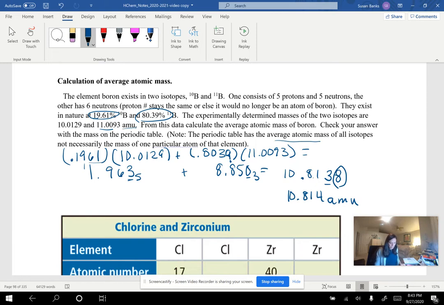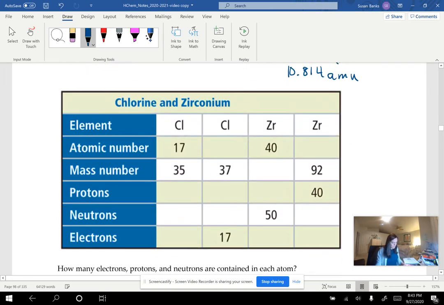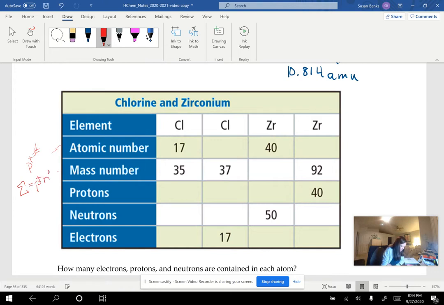Okay, now let's go and talk about how we calculate protons, electrons, neutrons, all those things. So if I look at chlorine, my atomic number is 17. Now remember, the atomic number is also the number of protons. Remember, the mass number is the sum, we use the symbol epsilon for sum, of protons plus neutrons.